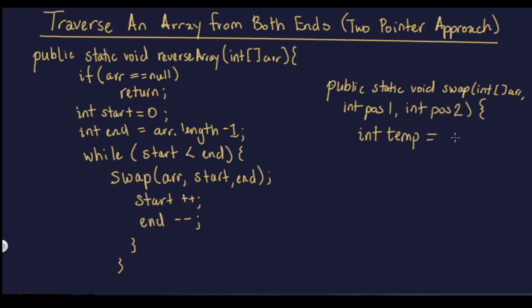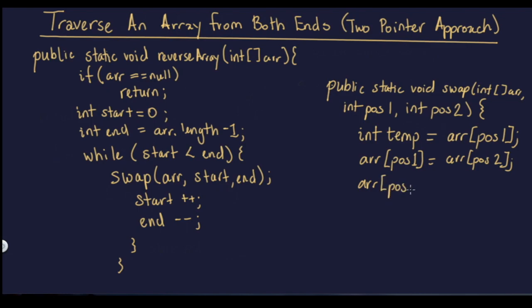Set that equal to array position 1. Then we take array position 1, we set that equal to array position 2. And then we take array position 2 and set that equal to temp. And there you have it.